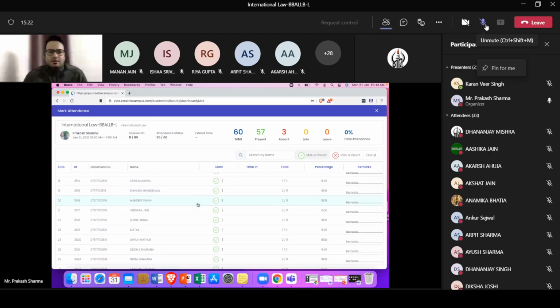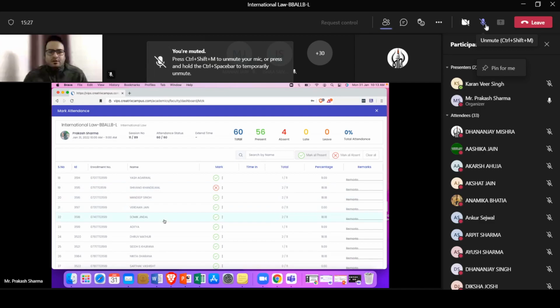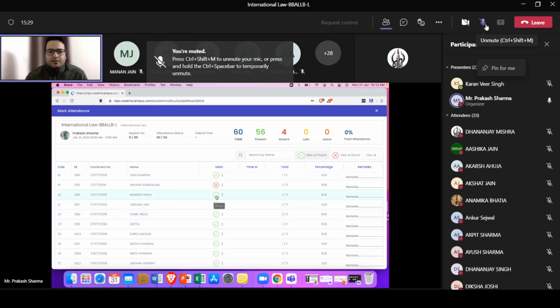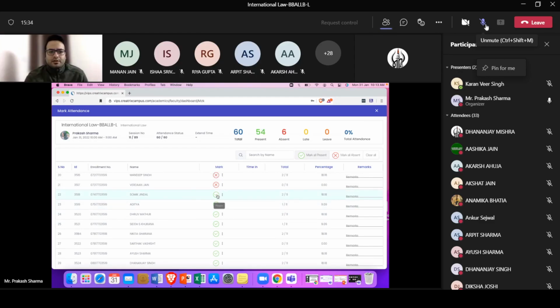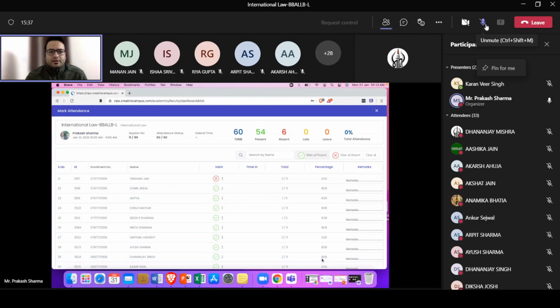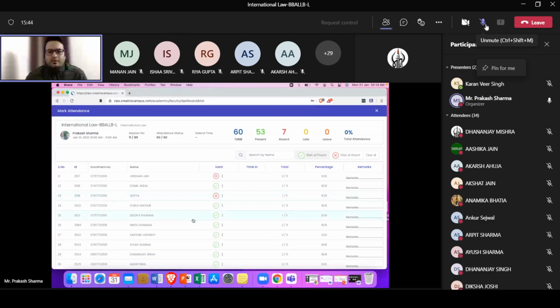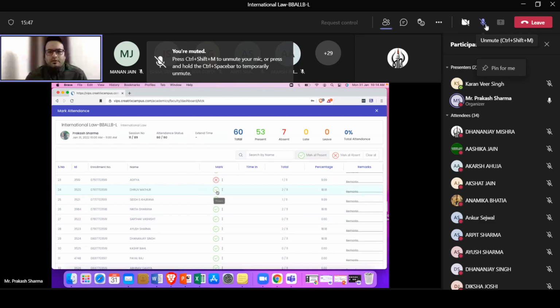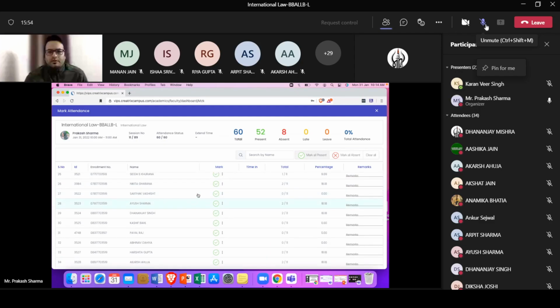Shivang, Mandeep, Vardhan, Somik, Aditya, Dhruv, Sid is present. Nikita is present.